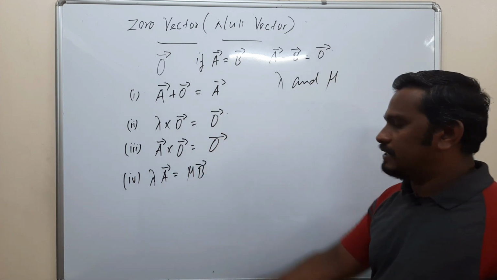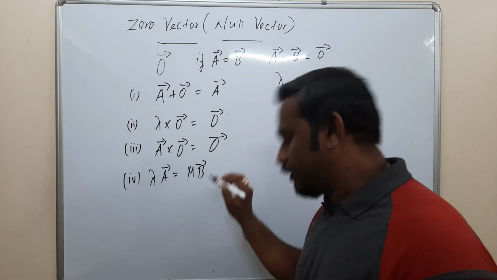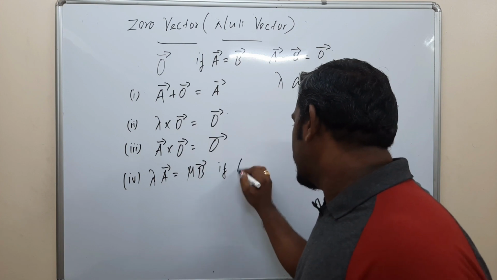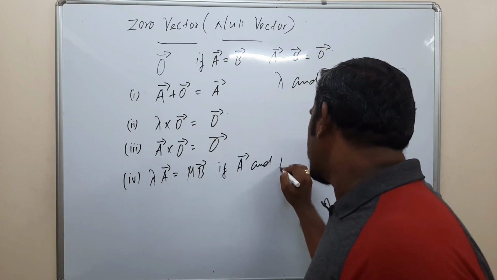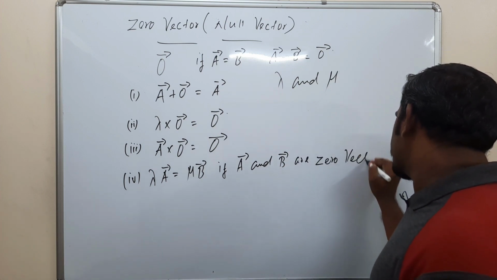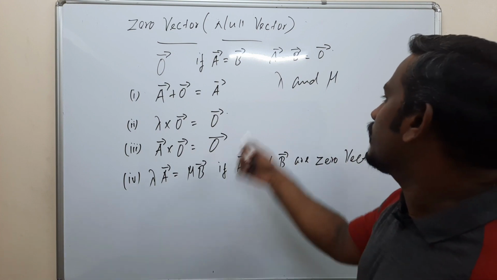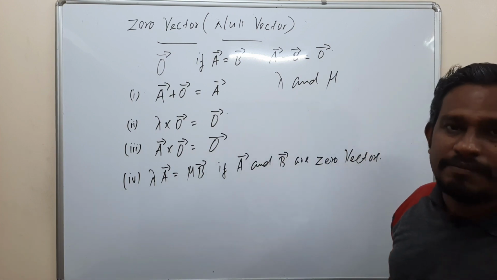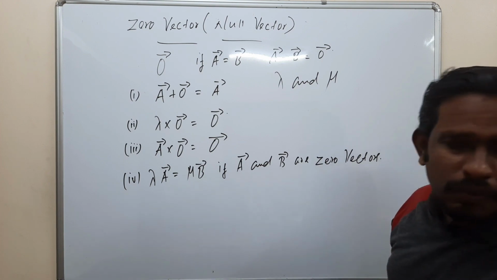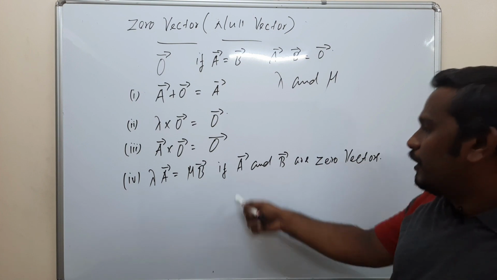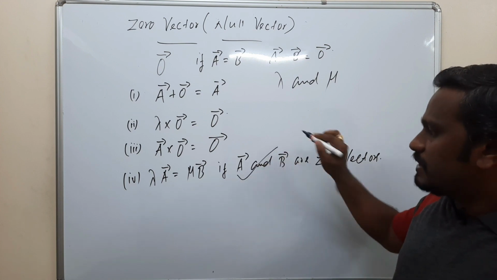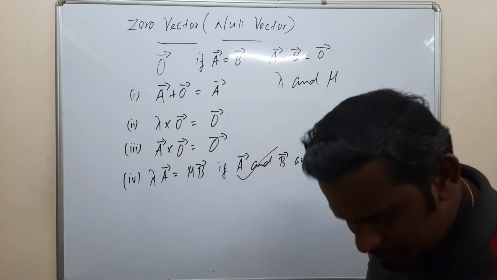This relation can hold if and only if a vector and b vector are zero vectors. So if lambda and mu are two non-zero real numbers, the relation lambda a vector equals mu b vector holds if and only if a vector and b vector are zero vectors. Okay, so these are the properties of zero vectors.